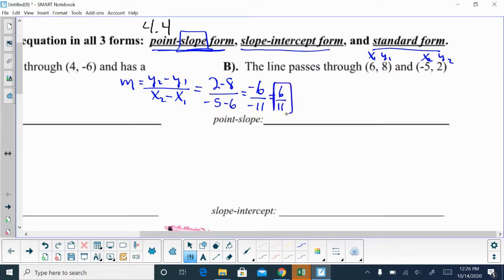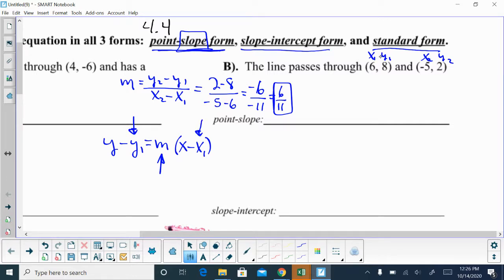So that's my m. Now if you recall, the point-slope formula is y minus y1 is equal to m times x minus x1. I need to substitute my slope in for this line, and I pick one of my points for x1 and y1.